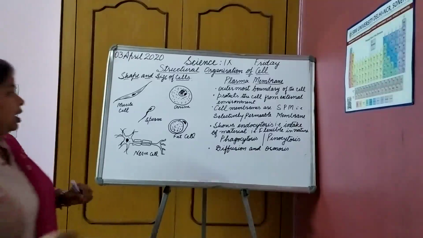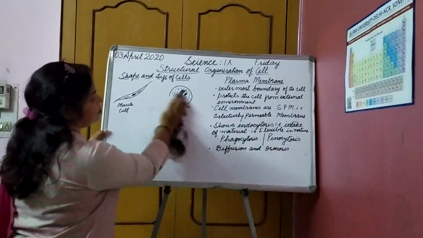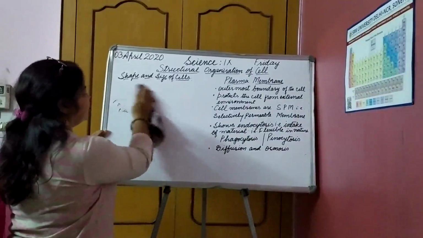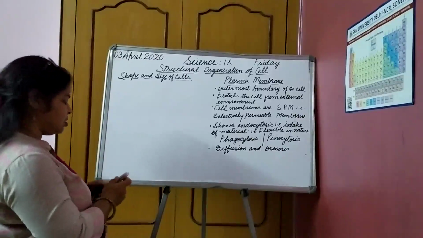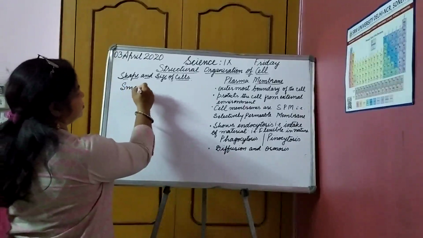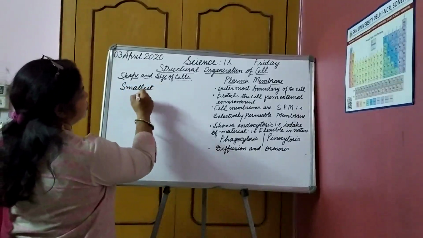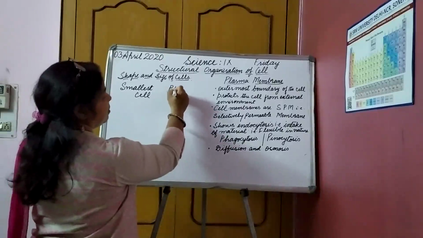Now I am going to write some points that you need to note down because they are very important and can be asked as one-word answers or MCQs. The smallest cell on earth, or in organisms, is PPLO.